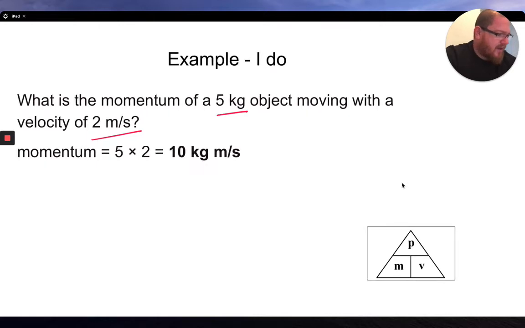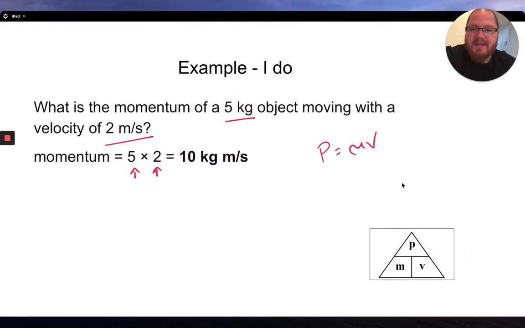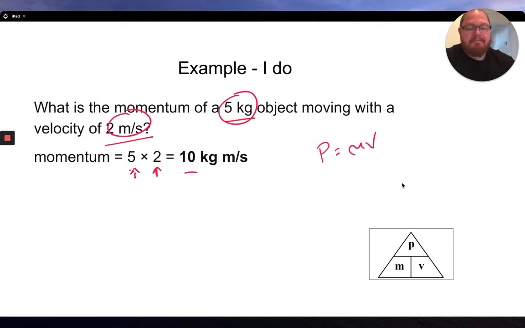I go to my triangle, P equals mv, my m is 5, my v is 2, 5 times 2 is 10 kilogram meters per second. I did that quite quickly, but I'm guessing at this level, especially triple, you're able to see that. 5 kilograms times 2 meters per second, 5 times 2 gives you 10.